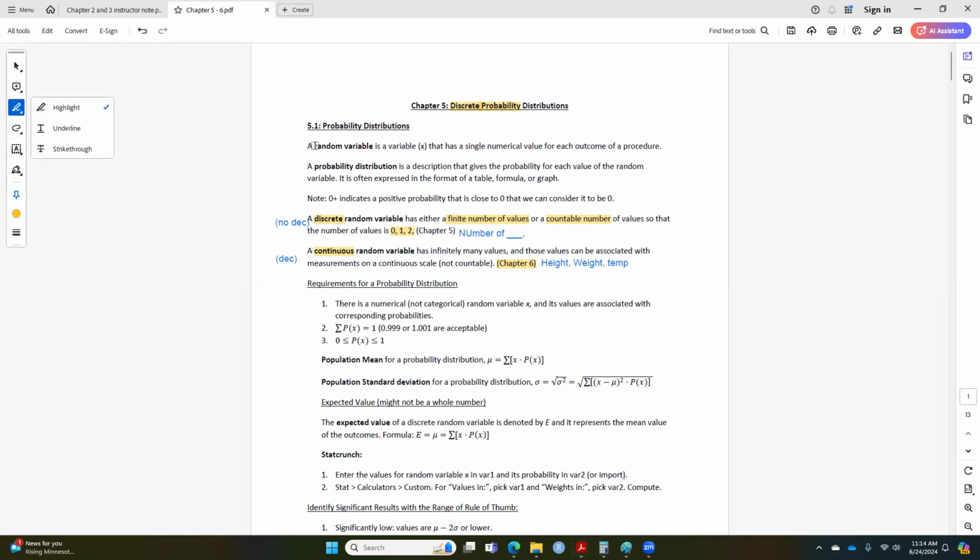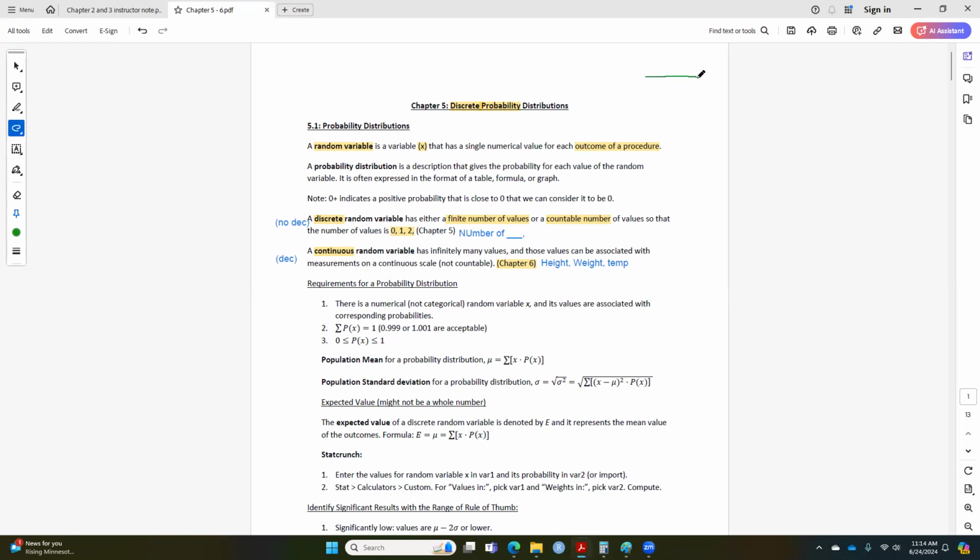Let's take a look at chapter 5 here. We have a random variable. What does random variable X stand for? A random variable X is a single numerical value for each outcome of a procedure. Outcome means the result. What result you can get, that is what we call X, or the random variable.